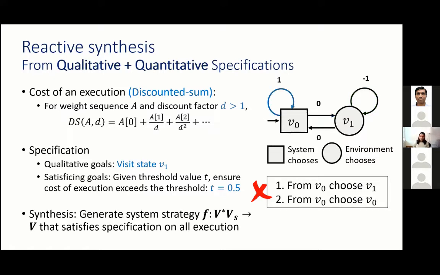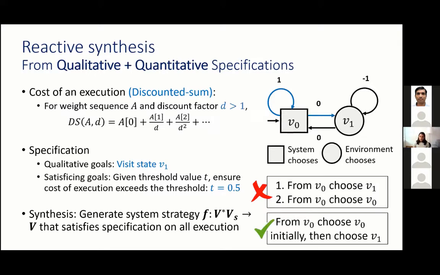What about another strategy? Suppose the strategy is to remain in V0 forever, which is that the system chooses to remain in state V0. Now, while this strategy ensures that the satisficing goal is satisfied, because in every step it will receive a reward of 1, it does not satisfy the qualitative goal, which is to reach the state V1.